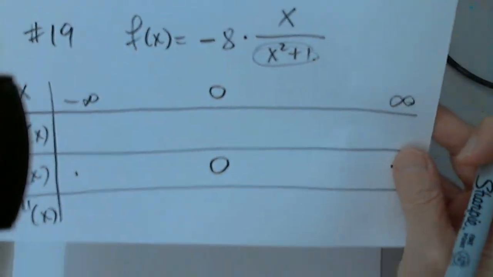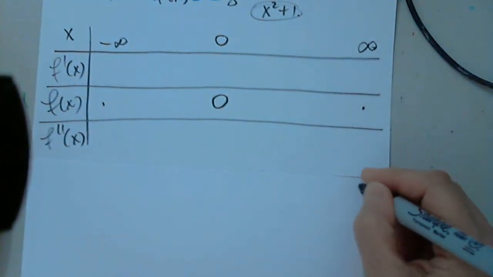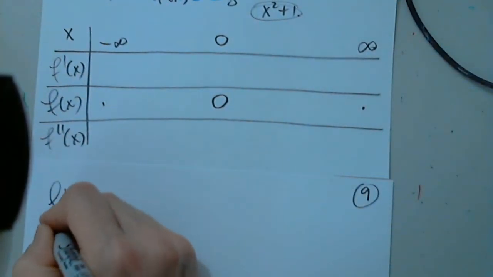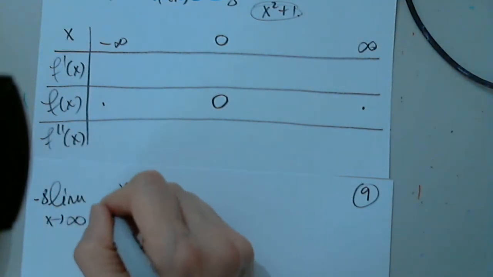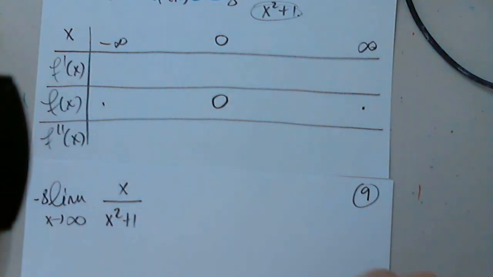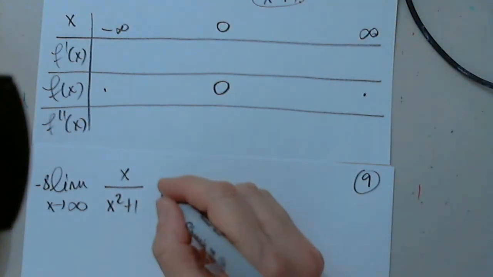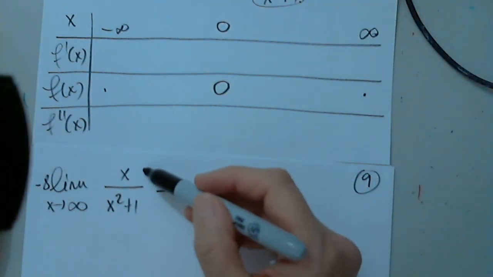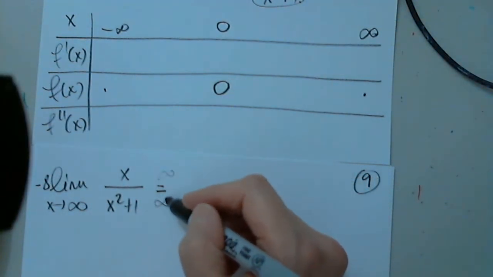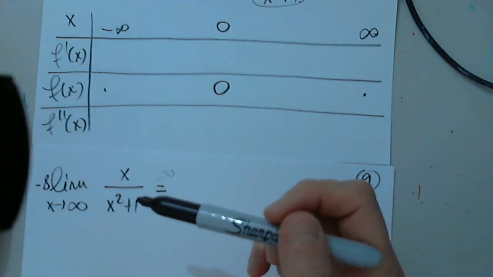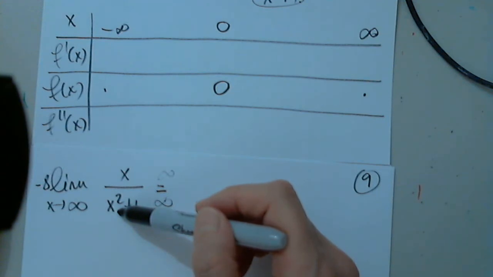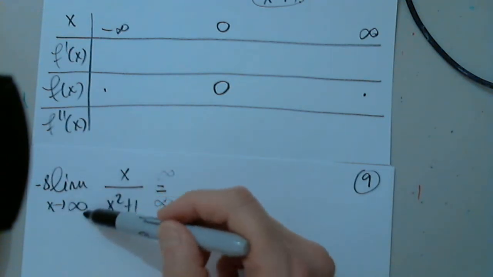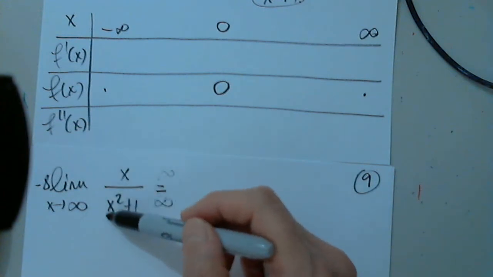So I have to find the limits, and I have to write them. Limit as x approaches infinity from, I can put negative 8 outside, so it doesn't bother me in there. It doesn't matter, you can put it inside too. So the numerator goes to infinity, the denominator goes to infinity. But I know one thing here, that this is much smaller than this. At any point in time, approaching infinity, this will be much smaller than this.